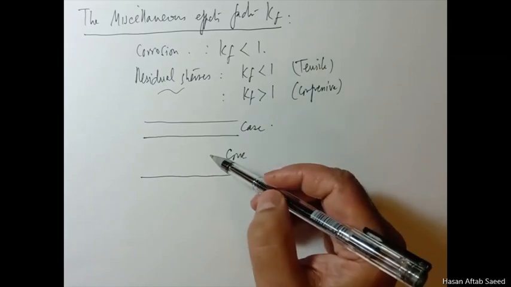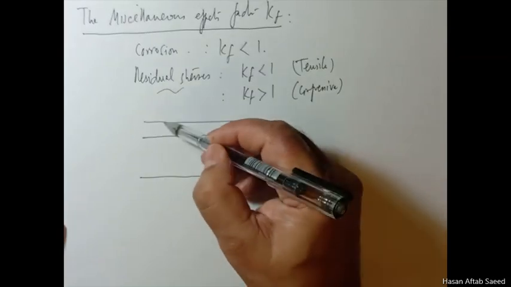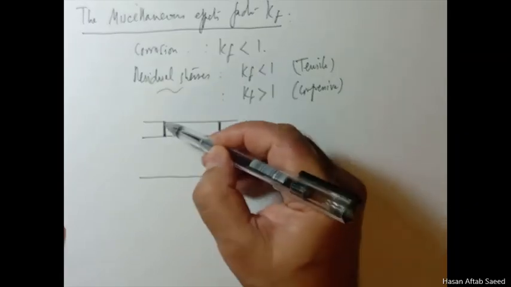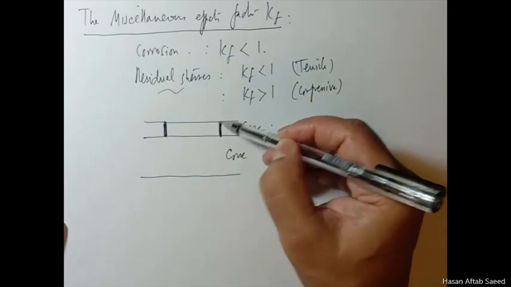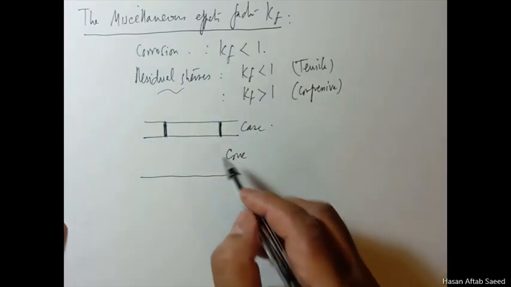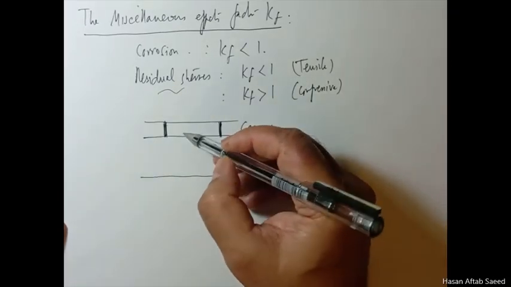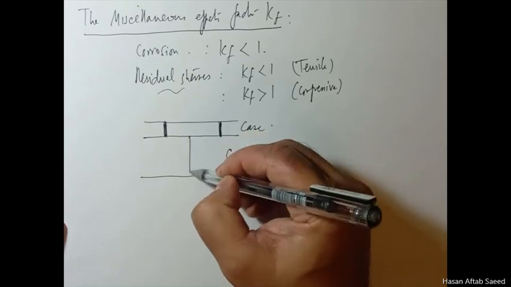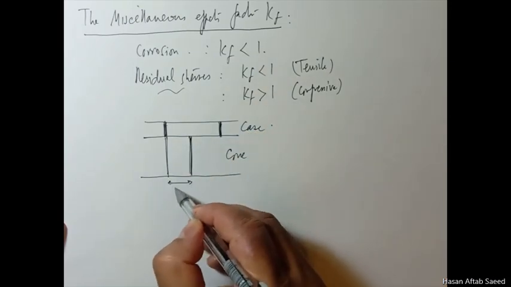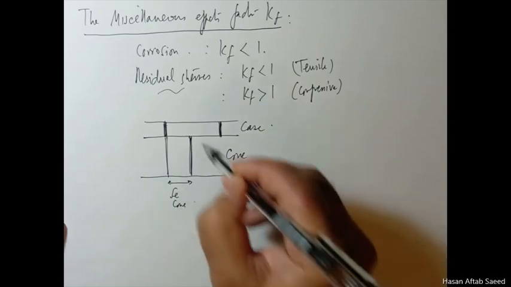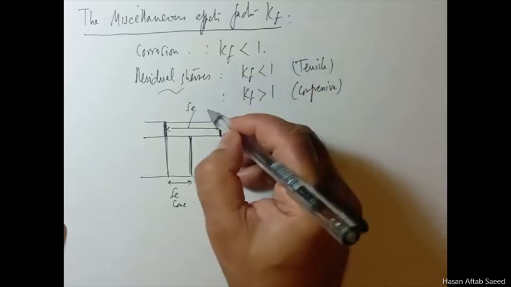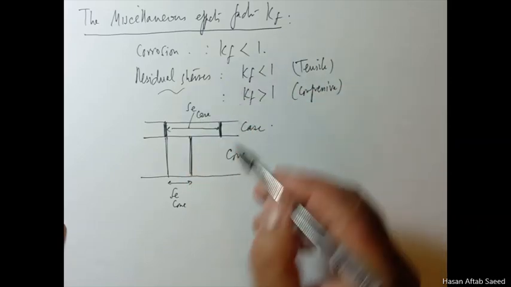Now the case has been hardened by some sort of compression, and so the endurance limit also increases here. But the core's endurance limit is maybe only this one, SE core, and this one is SE case.